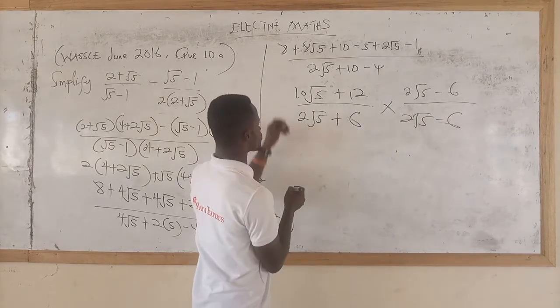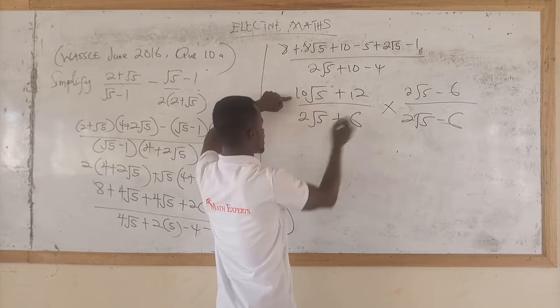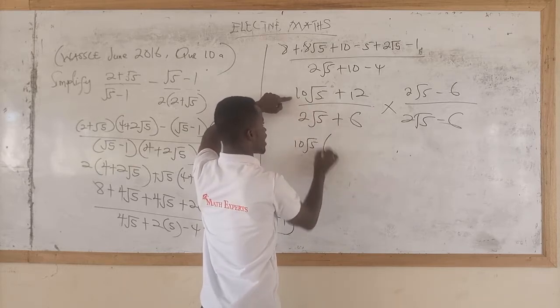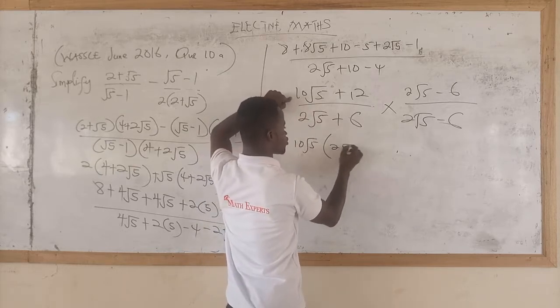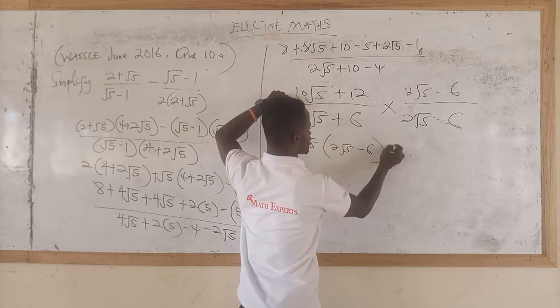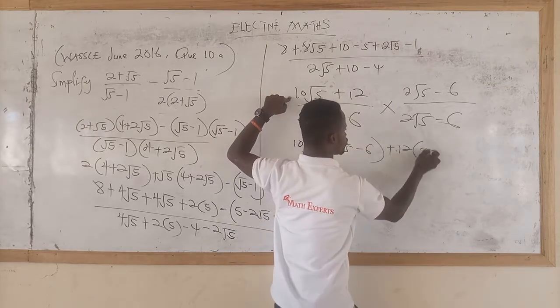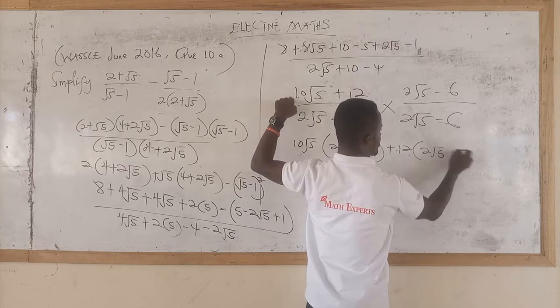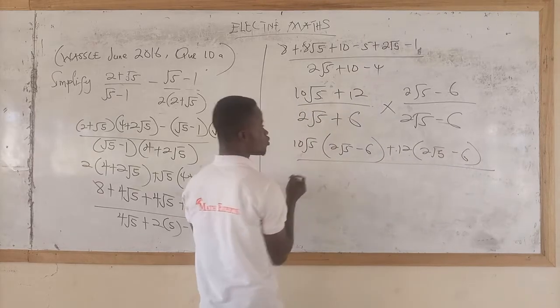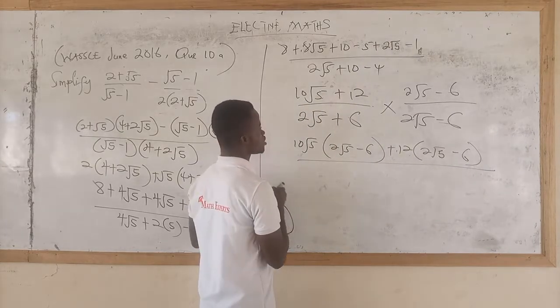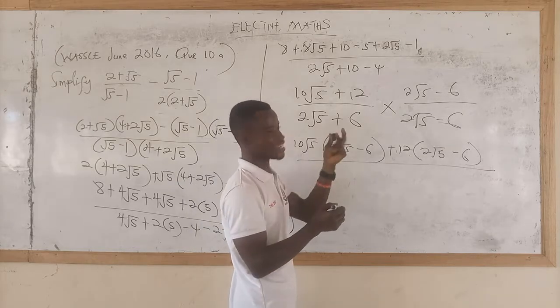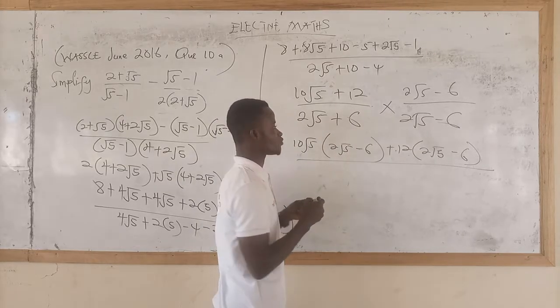Okay. So now this one, 10 square root of 5 will multiply 2 square root of 5 minus 6, plus 12 will multiply 2 square root of 5 minus 6. The whole of this is going to be, like I said, just a difference of two squares.